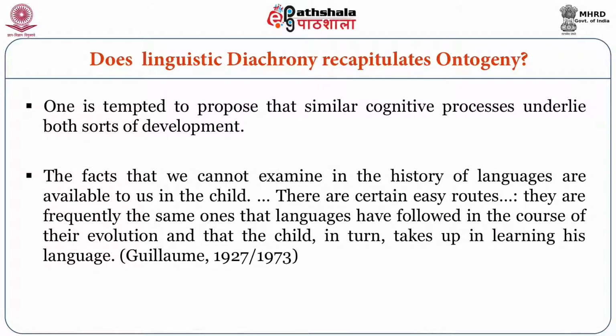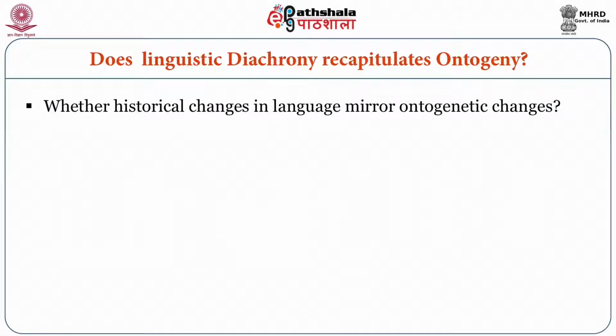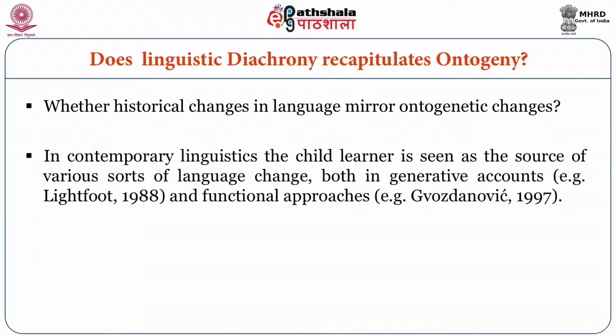The fact is that what we cannot examine in the history of languages is available to us in the child. There are certain easy routes. They are frequently the same ones that languages have followed in the course of their evolution, and that the child in turn takes up in learning his language. Now, third question, whether historical changes in language mirror ontogenetic changes. In contemporary linguistics, the child learner is seen as the source of various sorts of language change, both in generative accounts and functional approaches.